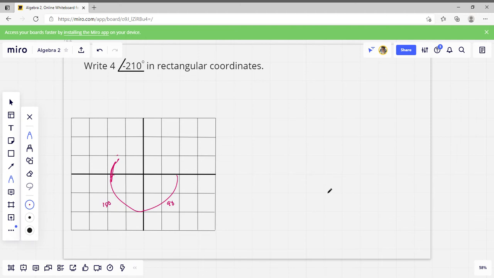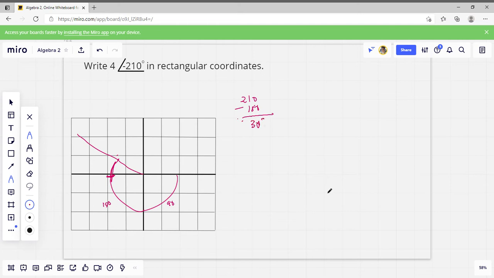And 4 out is going to be pretty far. Oops, let me erase that. So we're going to be somewhere over here. Now, how many degrees would this be? Well, if we've got 90, and that makes 180, and we're going to 210, that's 30 degrees.